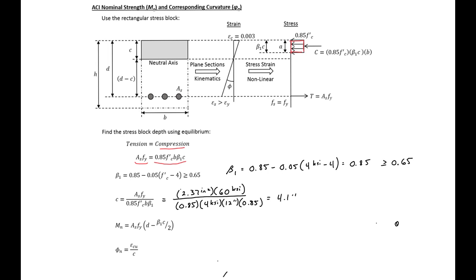We can use this C then to find our moment. So we'll sum moments about the centroid of our compression region here.